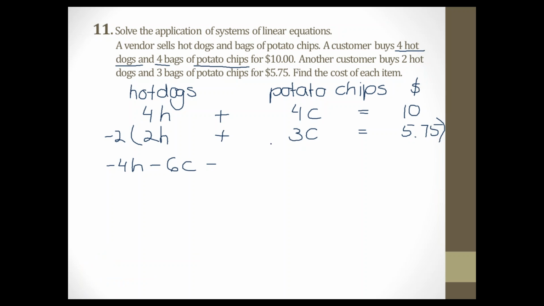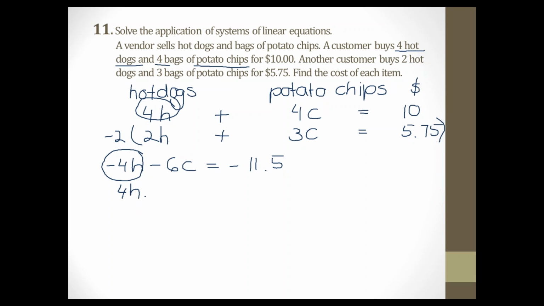And then -2 times 5.75 gives me -11.5. So now, as you can tell, these 2 coefficients are opposite, and if I add down, they will cancel out.